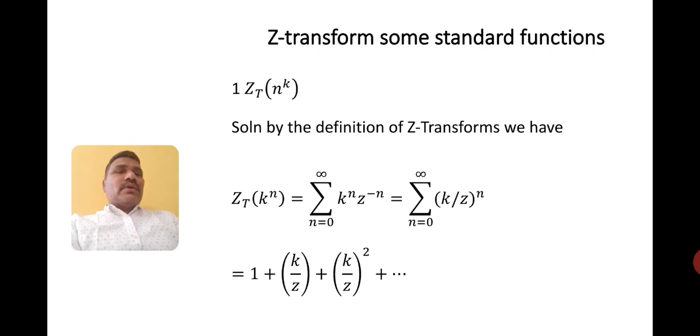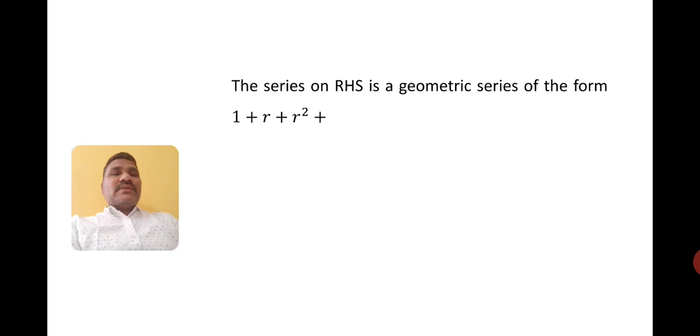Now if you substitute the values of n, the first n value will be 0, so something raised to 0 is 1. The second time it will be 1, so you will get k by z. The third time you get k by z whole to the power 2, and so on. This is nothing but a series, called a geometric series.